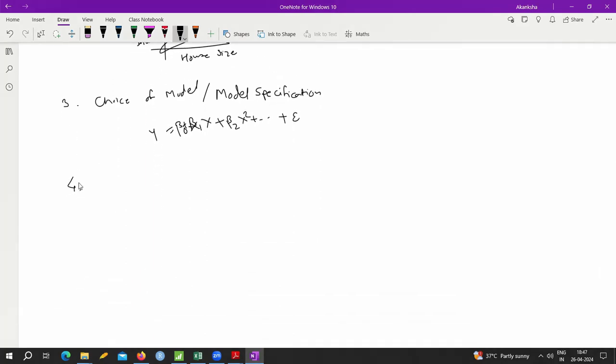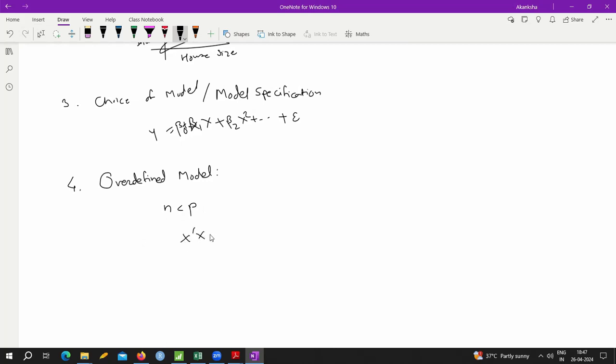Another reason is an overdefined model. Now, what do I mean by overdefined model? This is basically a case where my n is less than p. If n is less than p, then the X prime X matrix is going to be singular.